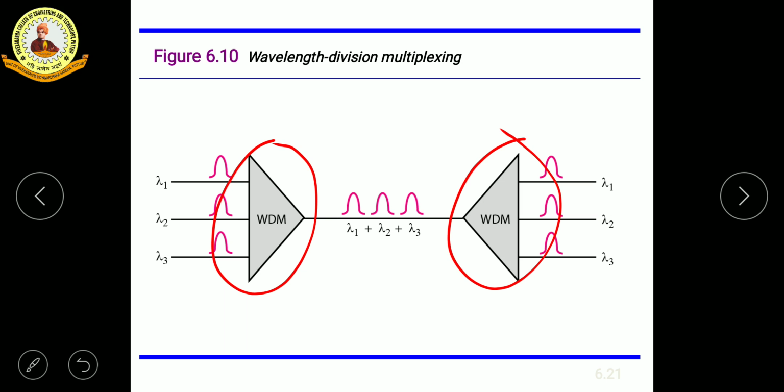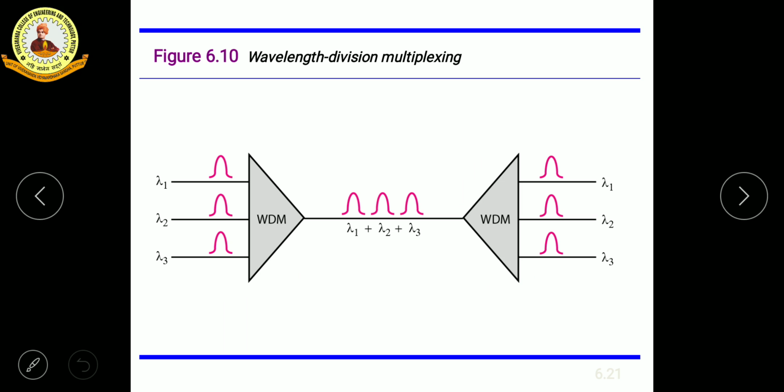Very narrow bands of light from different sources are combined to make a wider band. So these are lights from different bands, lambda 1, lambda 2, lambda 3. These are the lights from different sources. They are combined to make a wider band.